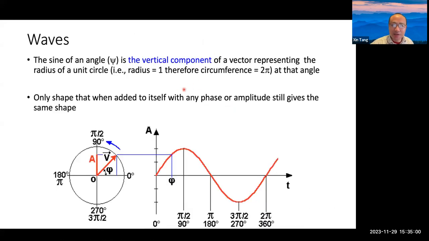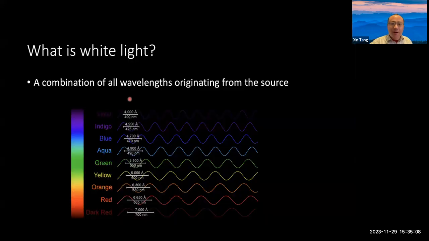Also, here is the characterization of the waves. Now, if we look at light as a wave, another important property you will find useful is that light actually consists of different frequencies. Different frequencies give different energy of the photon, because each photon's energy is h mu.